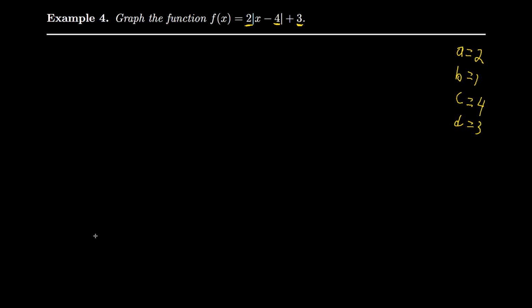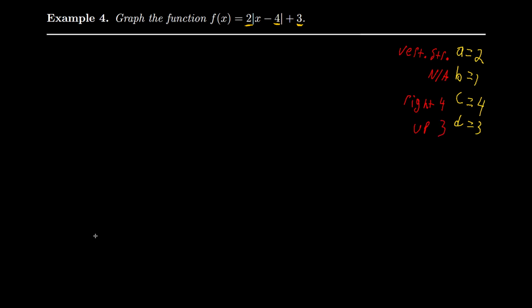So this is a vertical stretch by 2. Nothing happens with b because it's just positive 1. C is 4. So this negative 4 is going to move it to the right by 4. So right 4. And then D is 3. So we're going to go up 3.